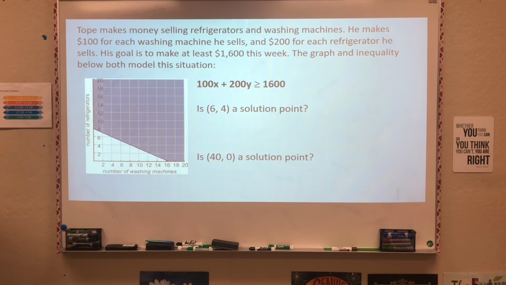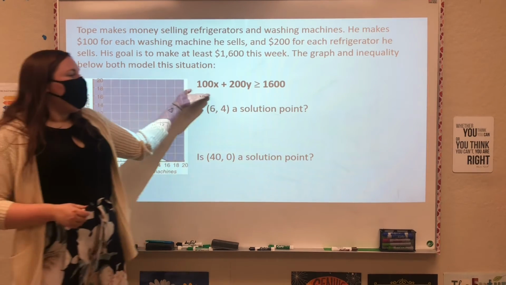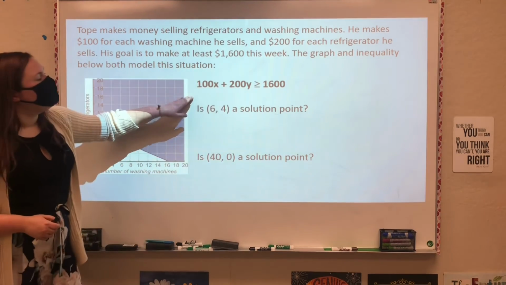He makes $100 for each washing machine he sells and $200 for each refrigerator he sells. His goal is to make at least $1,600 this week. The graph and inequality below both model this situation. So similar to the first part of this lesson, I've got the inequality that's already written for us.